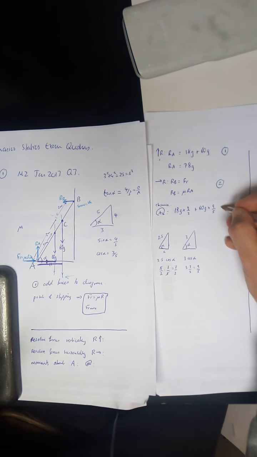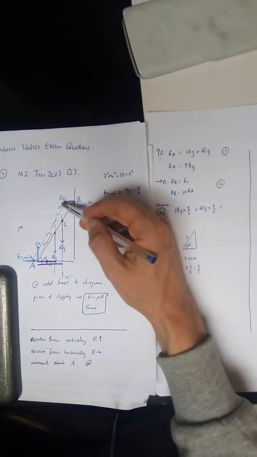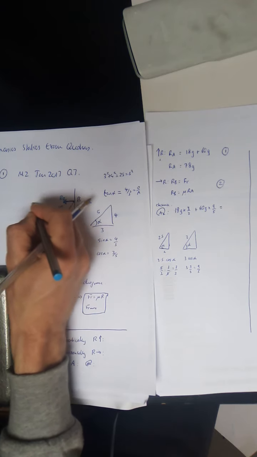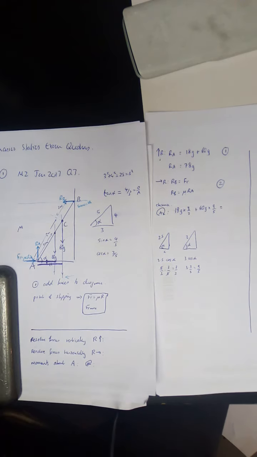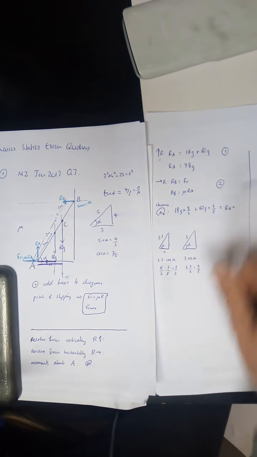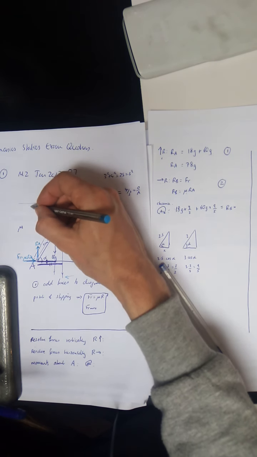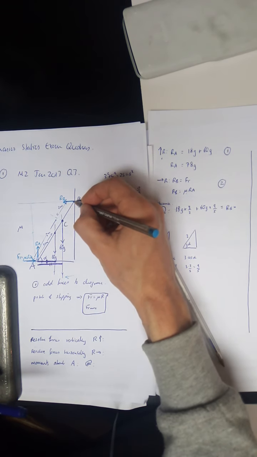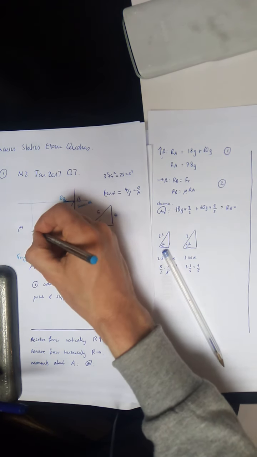So that's all the clockwise moments. That's equal to the anti-clockwise, which is going to be RB. That's the line of the force, the direction of the force. So it's going to be RB times the perpendicular distance. Now we're interested in this distance here, which, I hope you can see from the symmetry, is the same as this distance here. Let's put 3 lines on it. So we've got 1, 2 and 3.